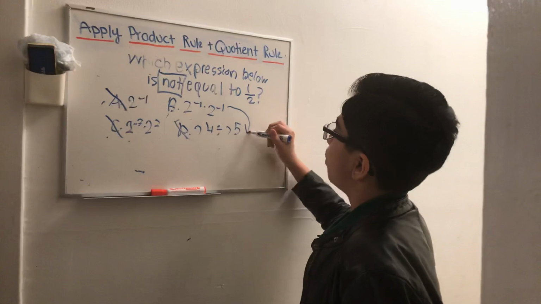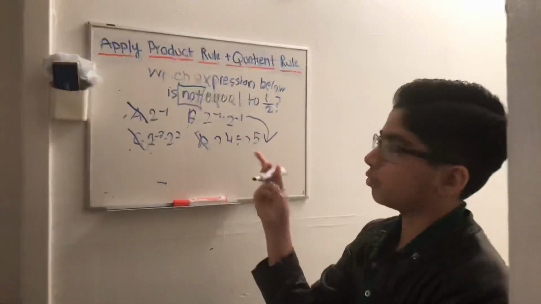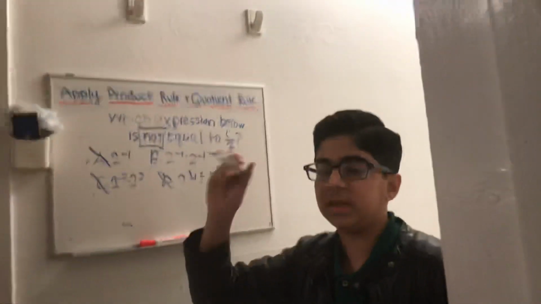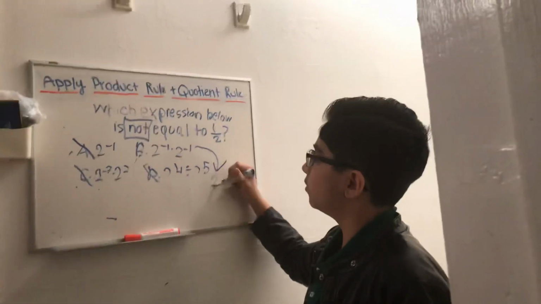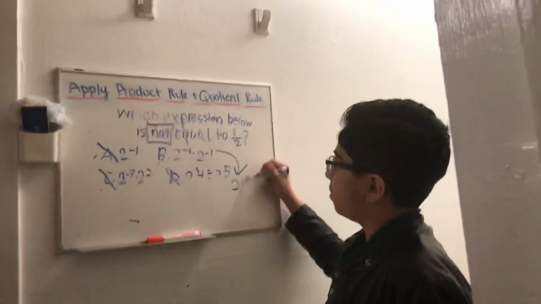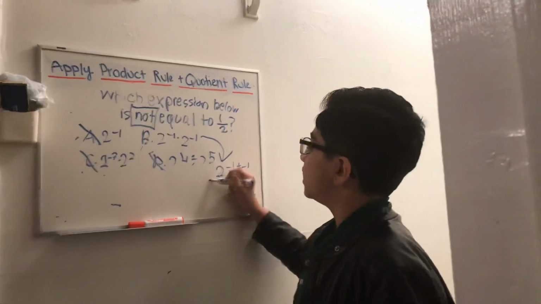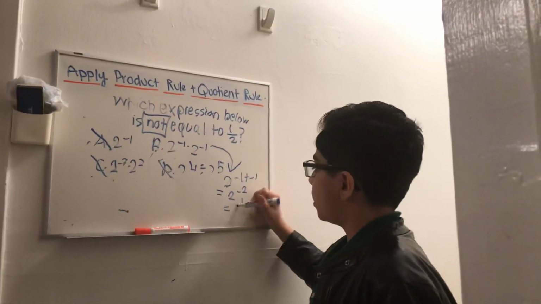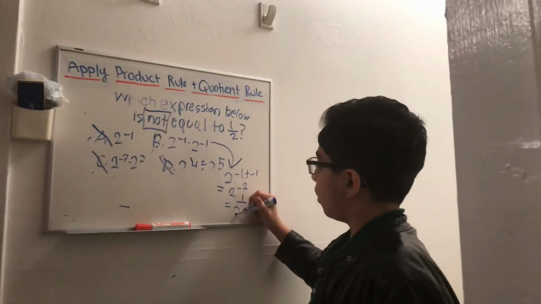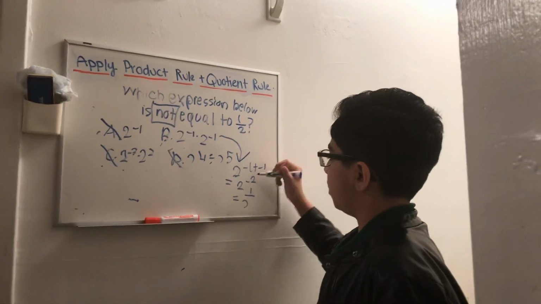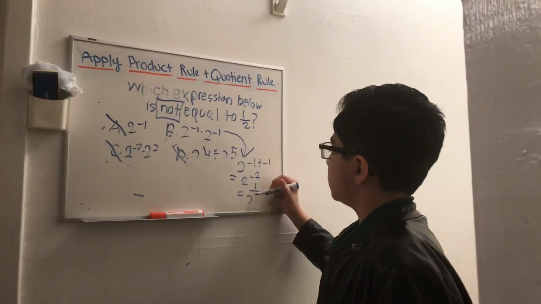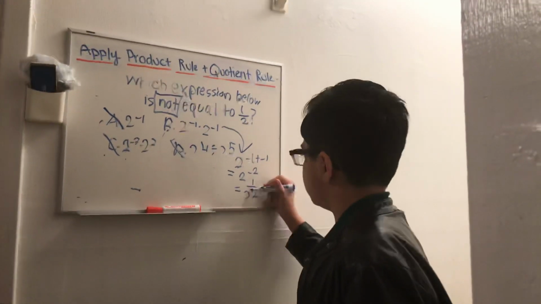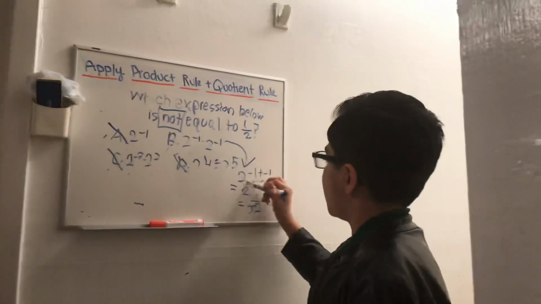So once again, you apply the product rule in B as well. 2 to the power of negative 1 times 2 to the power of negative 1 equals 2 to the power of, well, you're adding these, so negative 1 plus negative 1, which equals 2 to the power of negative 2, which equals 1 over 2 to the power of 2.